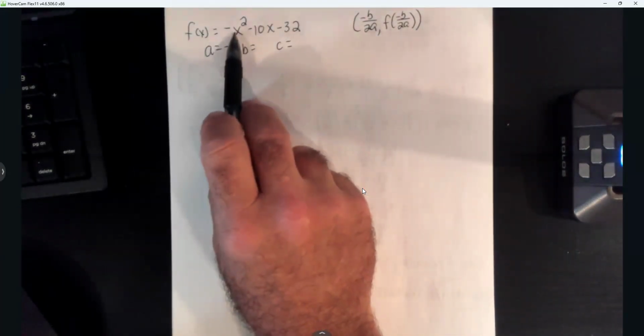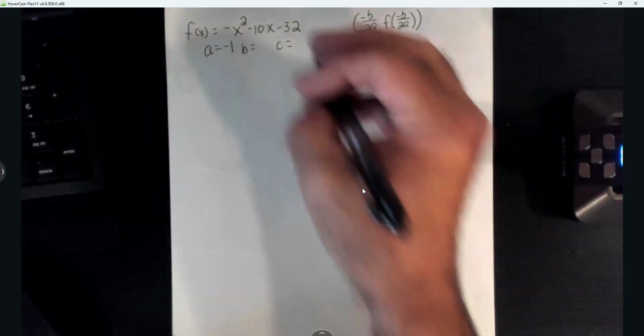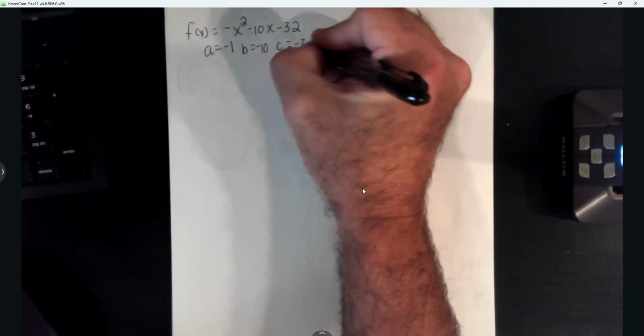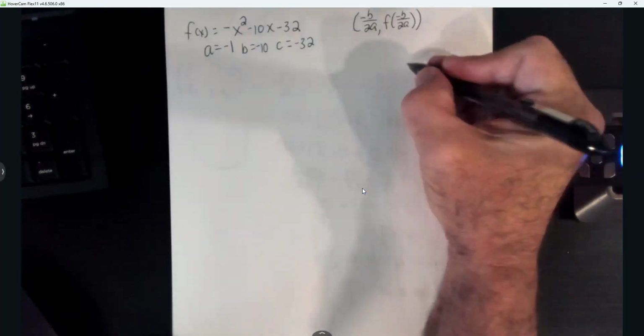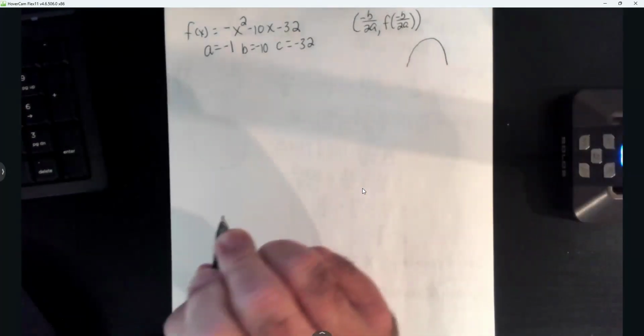A is the negative one this time, y'all, because there's a negative in front of that. So A is -1, which means I'm not going to have a minimum this time. I'm going to have a maximum. All right, y'all, B would be the -10. C would be a -32. But y'all, since that's a negative on that, remember, it's going to flip that parabola over, okay?